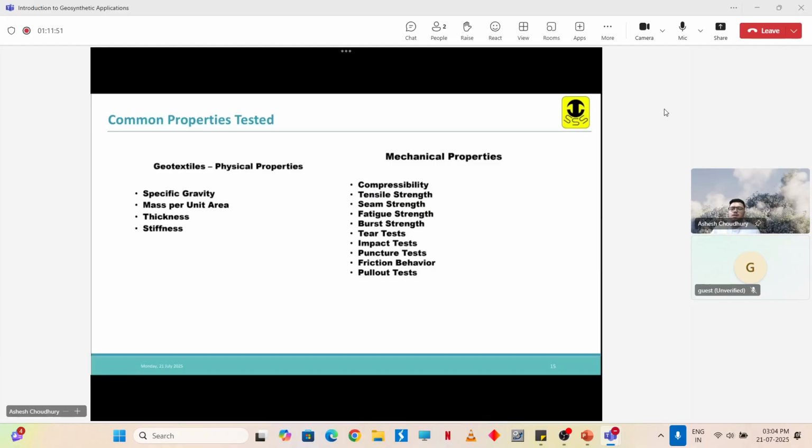But again, I suggest that you please go through all of this stuff in detail, and for that please refer to this book that I have asked you to, Designing with Geosynthetics. Every test is mentioned in considerable detail, and you can read and easily understand it.